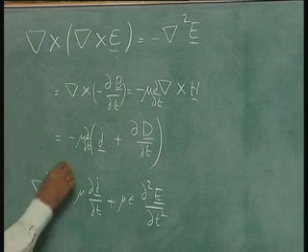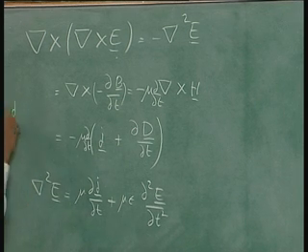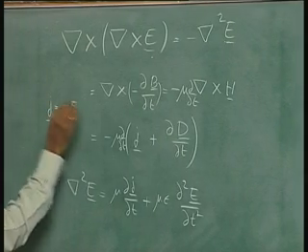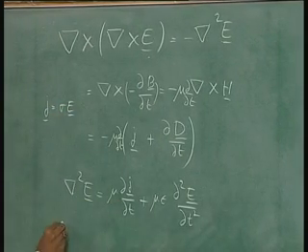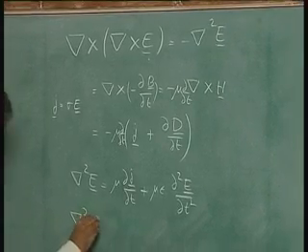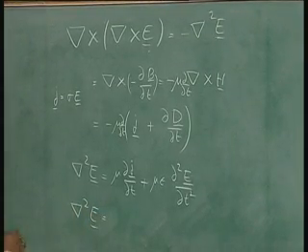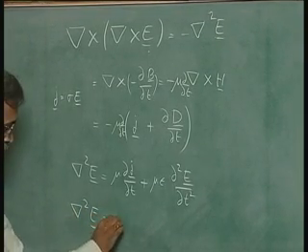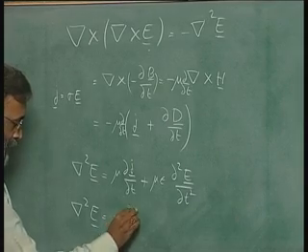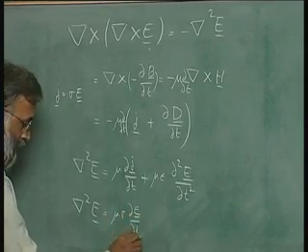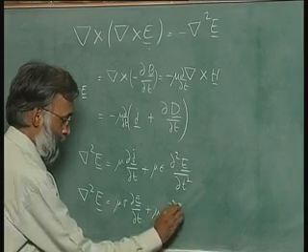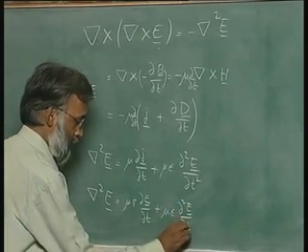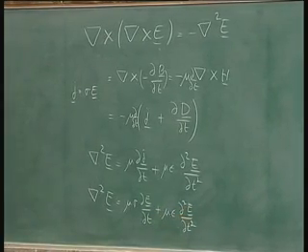So that gives me, using J equals sigma E and substituting in here, del squared E is equal to mu sigma del E del T plus mu epsilon del squared E del T squared.